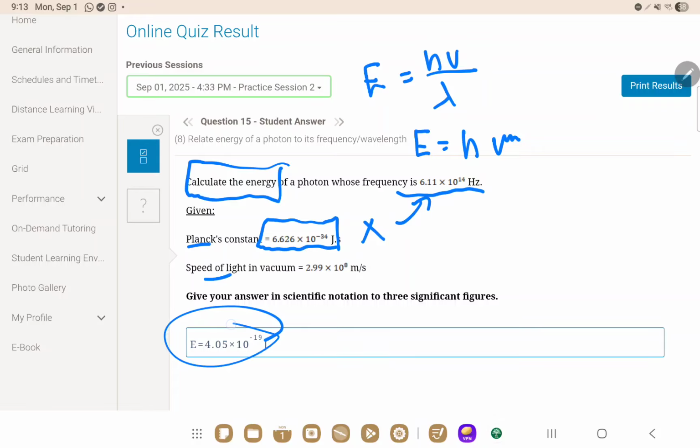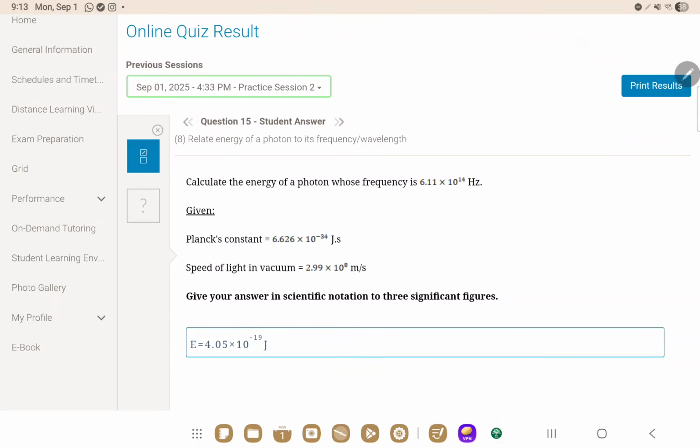Multiply them together, you should get this answer on your calculator. Please, please, please do not forget your units. Now, in the quiz, they gave us all the units and you just had to put the answer. But in the exam, in case they do not and they wish to trick us, do not forget them, please.